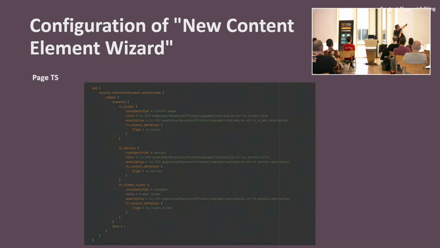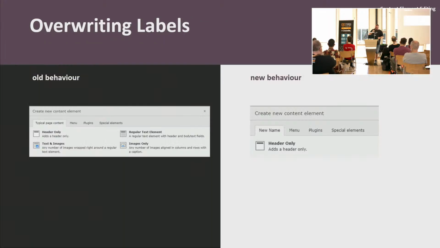Yeah, with mod.wizards.newContentElement.wizardItems, this is the common tab, and here you can set all the elements that you want, and you can also set some new elements. Here's the same: we can disable the elements that we don't want.